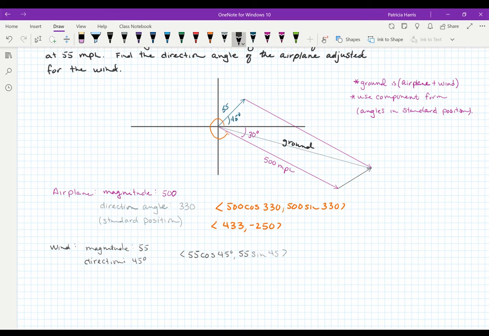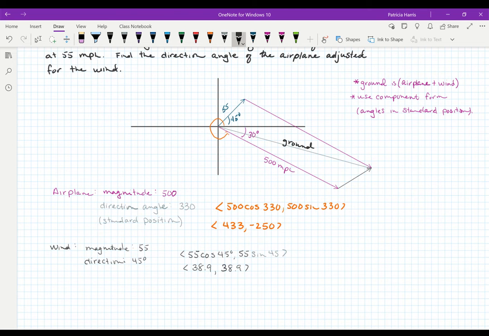If I put that in my calculator, I get 38.9. I'm sorry, looking at the wrong notes. 38.9 and 38.9. Again, that makes sense, it should be in the first quadrant as I drew it.